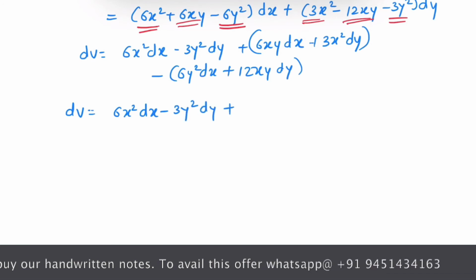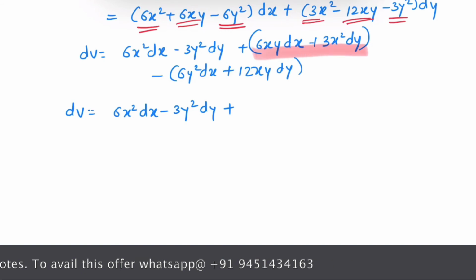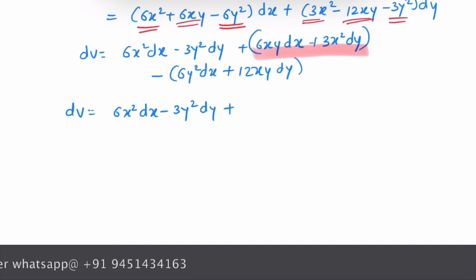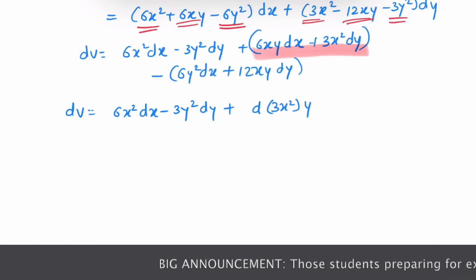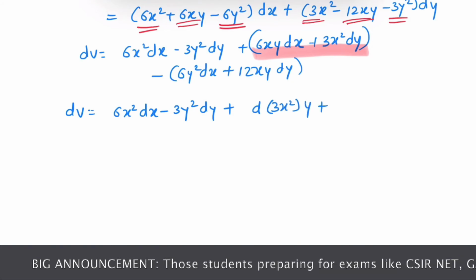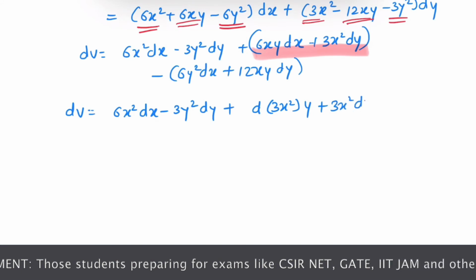Plus, this is 6xy dx plus 3x² dy, and 6xy dx plus 3x² dy will be the differentiation of 3x² y.